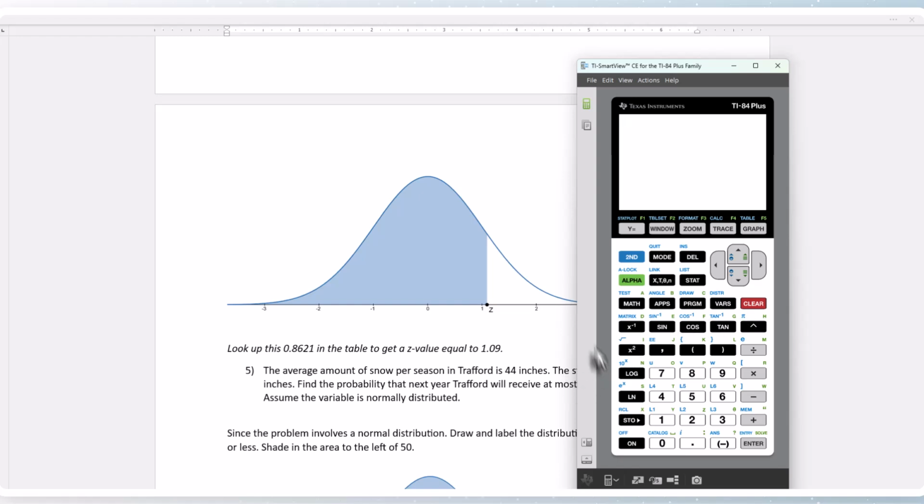To use the calculator, we type second vars, we select inverse norm, number 3, we type in the total area, 0.8621. Select paste, enter. We round to 2 places, 1.09. We get the same result.